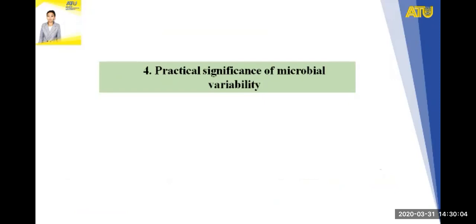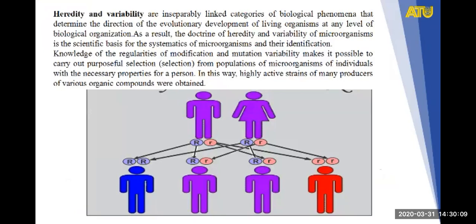And the fourth stage is the practical significance of microbial variability. Heredity and variability are inseparably linked categories of biological phenomena that determine the evolutionary development of living organisms at any level of biological organization. As a result, the doctrine of heredity and variability of microorganisms is a scientific basis for the systematics of microorganisms and their identification.